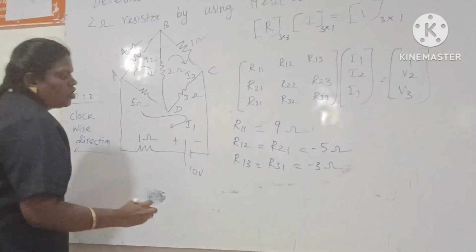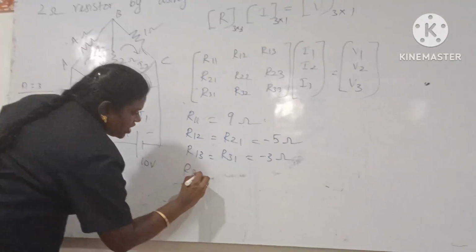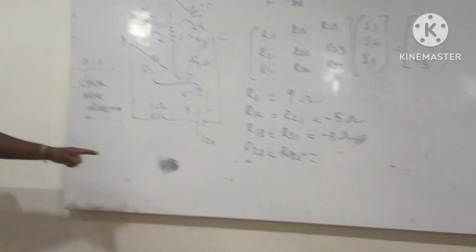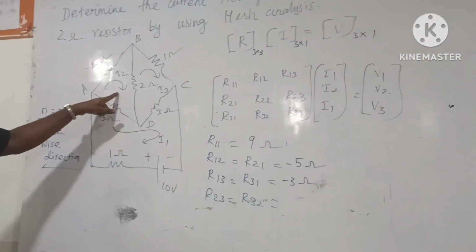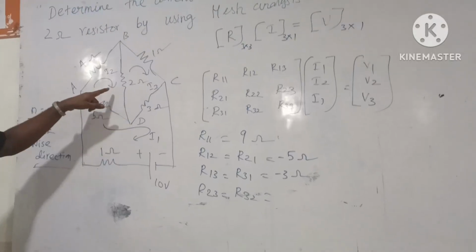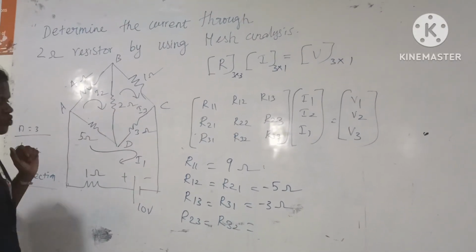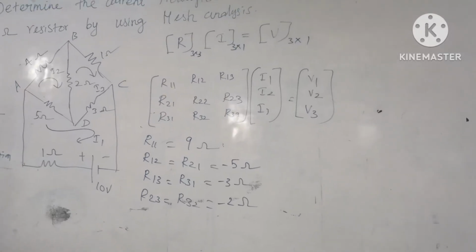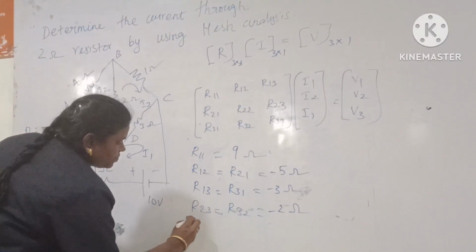Then R23 and R32: loop 2 and loop 3 common resistance is 2 ohm, so put a minus sign, minus 2 ohm.